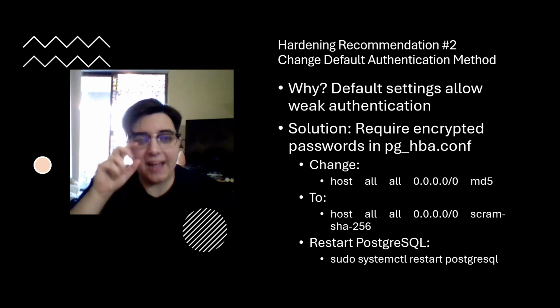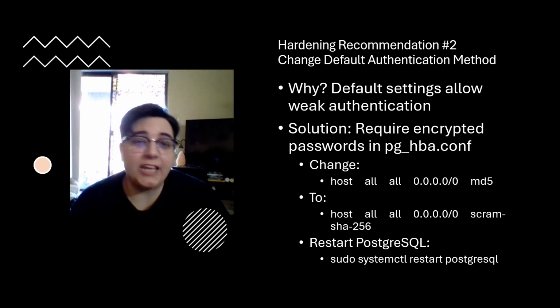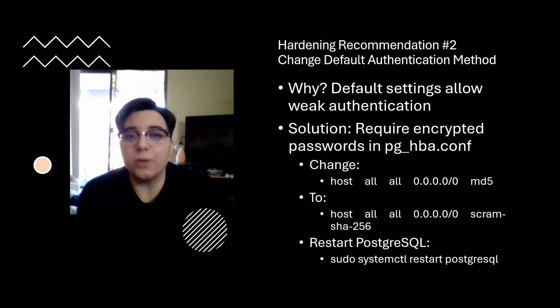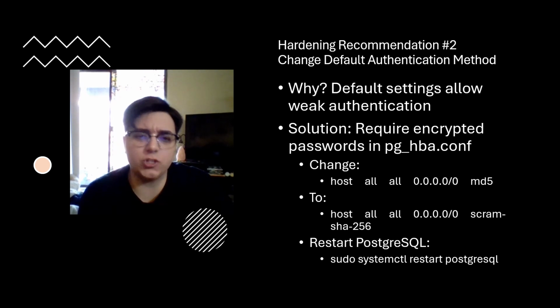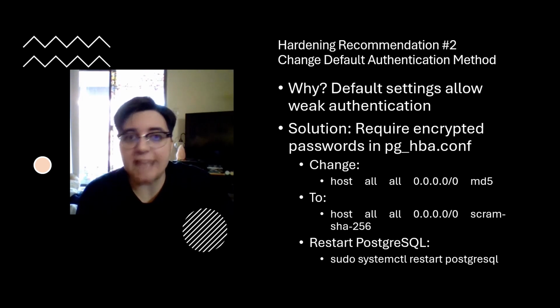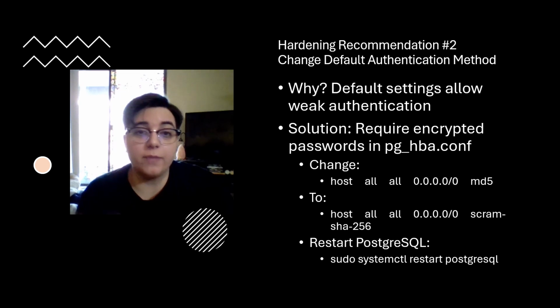Next up, our second step, we're going to fix authentication because the default settings aren't great right now. By default, Postgres uses MD5 hashing for passwords, which is pretty outdated by industry standards. Instead of using that, we're going to use ScramSha256, which is way more secure.